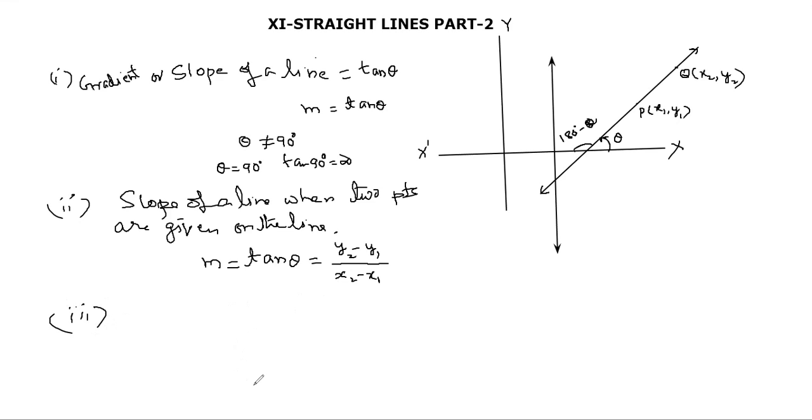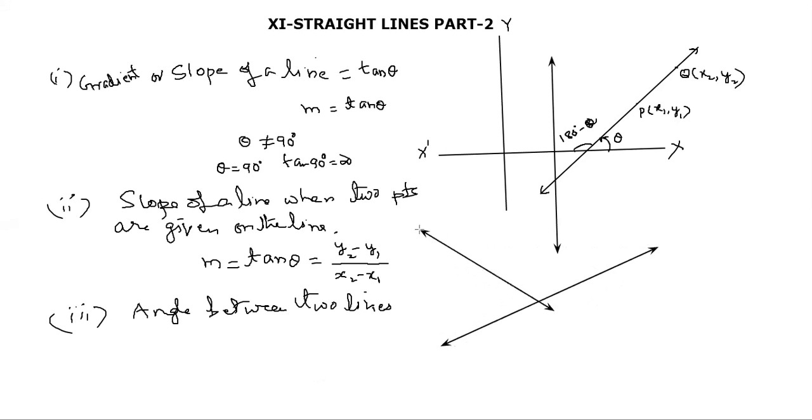If two lines have different slopes, we find the acute angle between the two lines. Whenever two lines are given, say this is a line and another line is this one, they can have two types of angles between them.